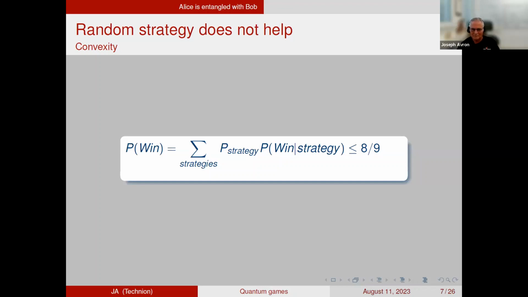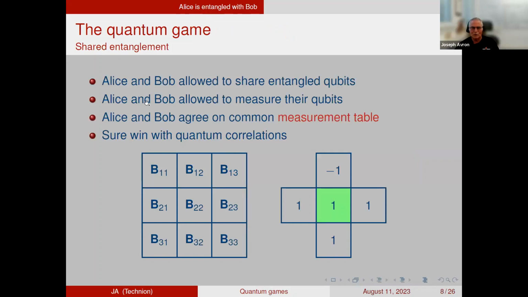Okay, so now that I showed to you that it's not possible to win this game always with any classical strategy, I want to describe the quantum version of the game.